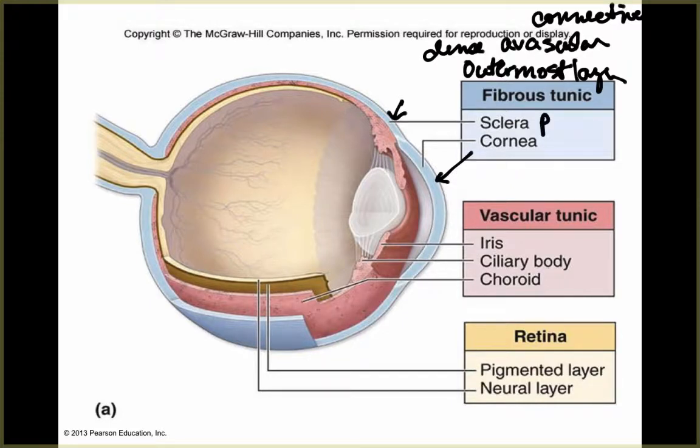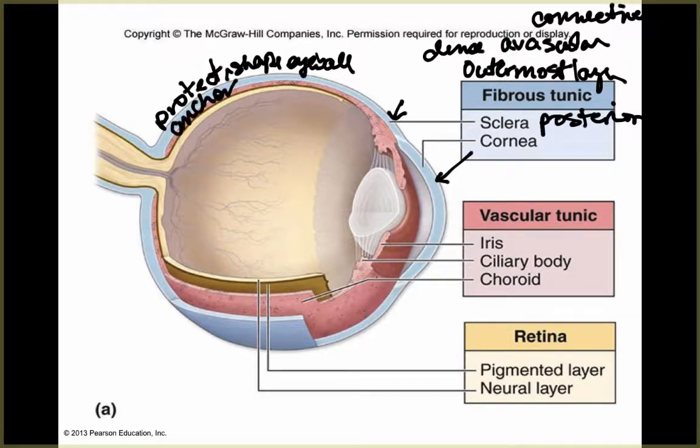So the sclera is the posterior portion of the eye, that's the covering. And the sclera is important because it helps to protect, shapes the eyeball, and it anchors the extrinsic muscles. Right? So basically, from that part out.